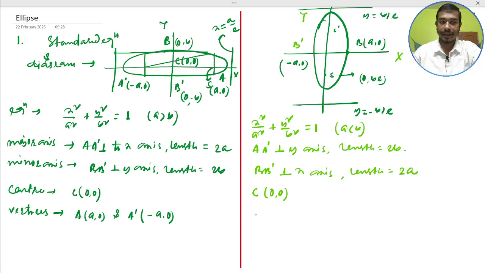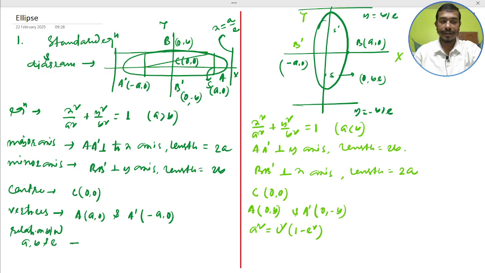Here the one is A, that is (0, b), and the other A', that is (0, minus b). Relation between a, b and e, where e means the eccentricity. Here b squared equal to a squared into 1 minus e squared. And here this will become a squared equal to b squared into 1 minus e squared.